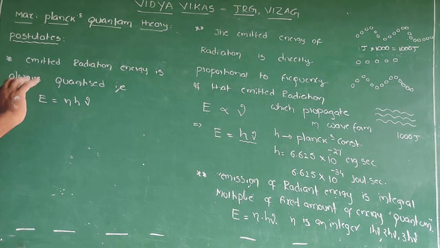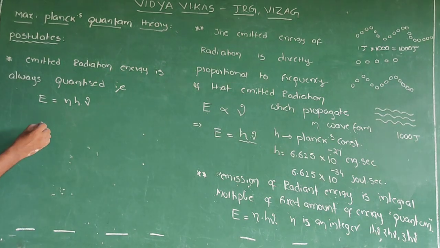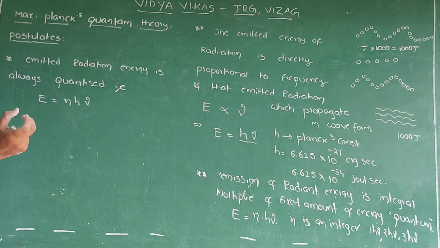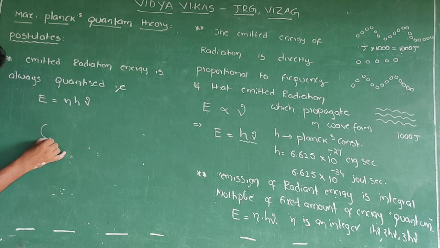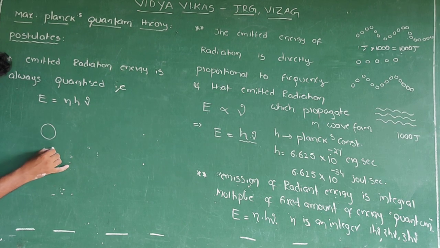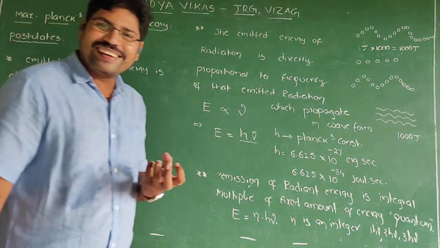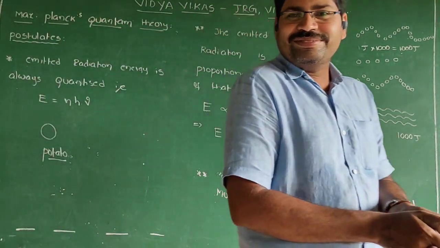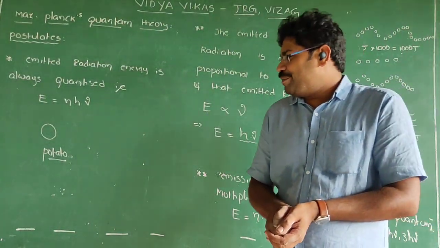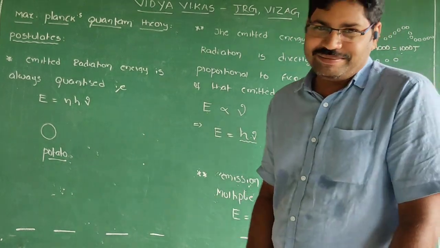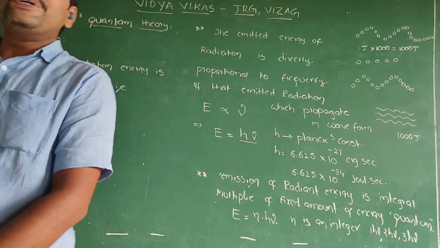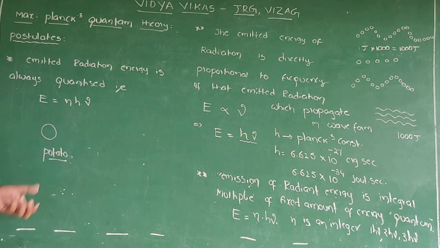To well understand quantization, dear students, we just took potato, aloo. Okay, we love aloo. When I was said I'm interested to eat every day potato fry. Okay, so students, this is potato.